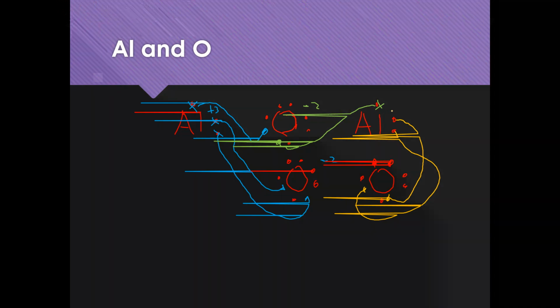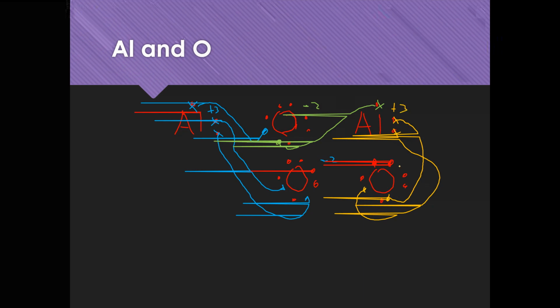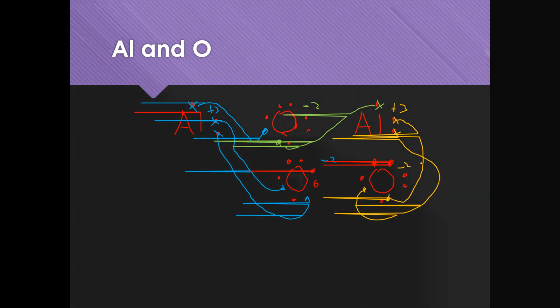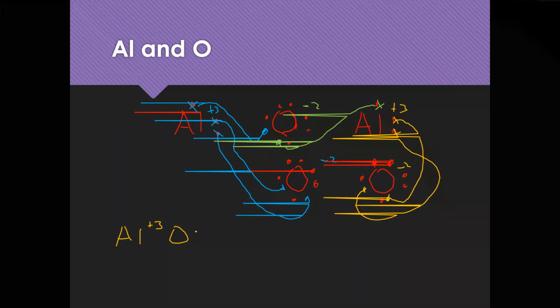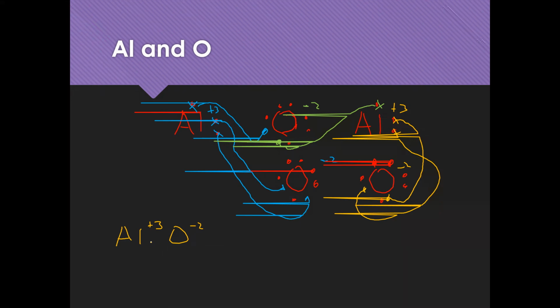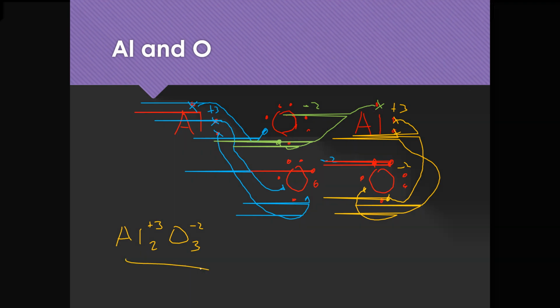And when it does that, now this aluminum has lost all of them. It's +3. This oxygen has all of them. It's a -2. So what we have made here is aluminum oxide, and it took 2 aluminums and it took 3 oxygens. And this is the formula for aluminum oxide.